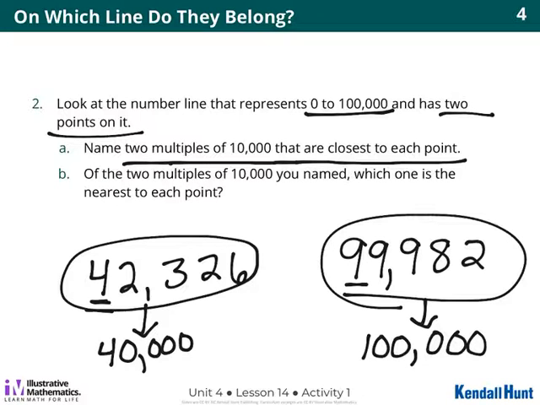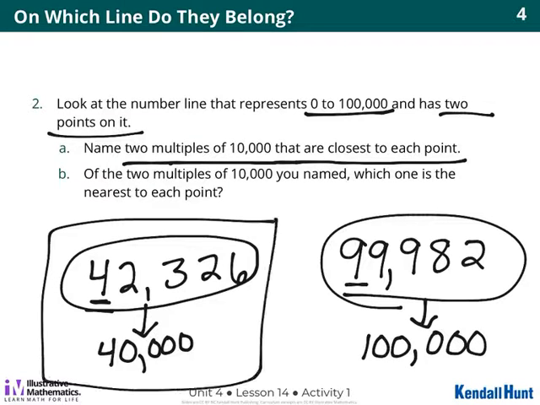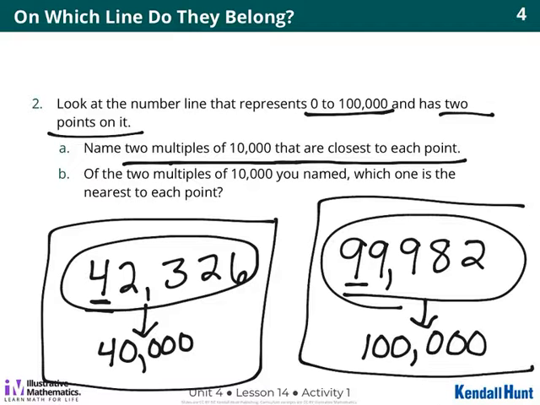Question B was not as hard as it looks. It says, of the 2 multiples of 10,000 you named, which one is the nearest to each point? So basically they're saying, is this one closer to each other, or is this one closer to each other? So raise your hand.